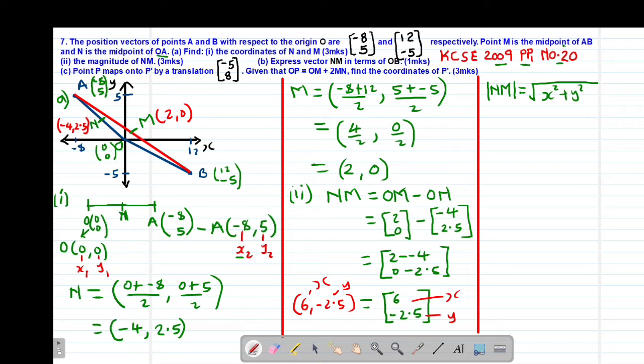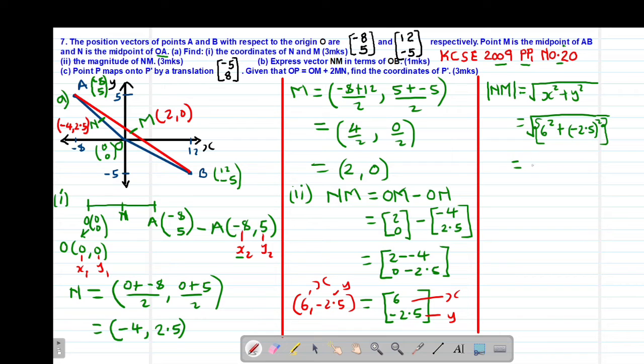Therefore, the magnitude will be given by the square root of the x coordinate, 6, squared, plus the y coordinate, negative 2.5, which should be squared, of course, under a bracket. Then I can close it using curly brackets.